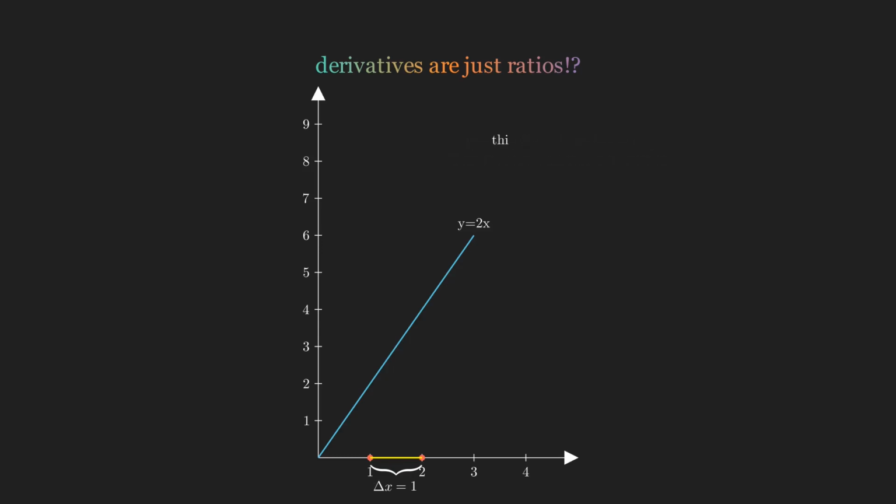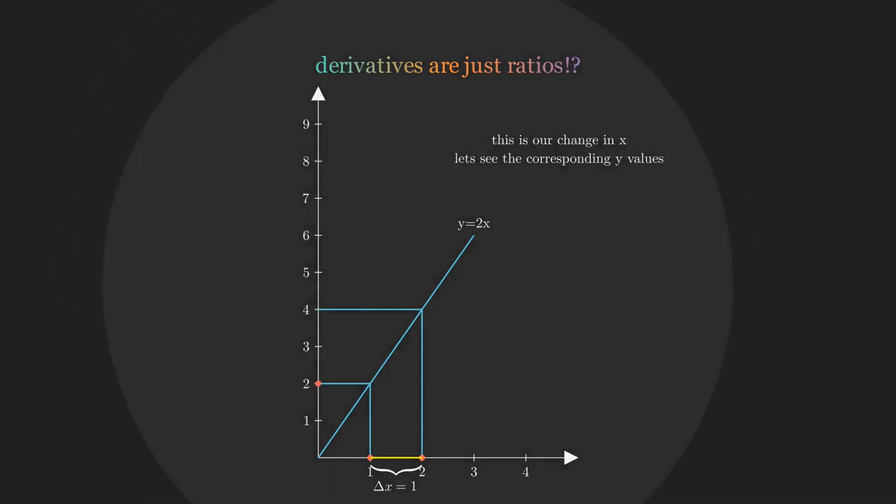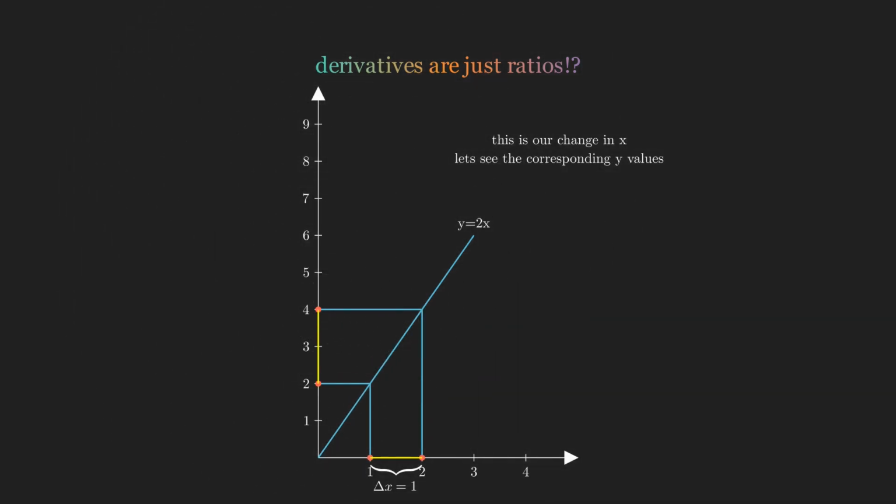Now since this is a linear function, for each value of x there is a determined value of y. Let's see the corresponding y values. Taking the change in y values gives us delta y of 2, and this forms our second thing, which is the change in y.